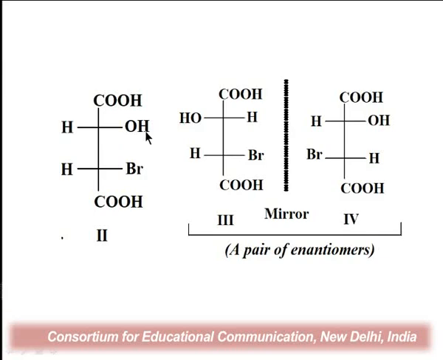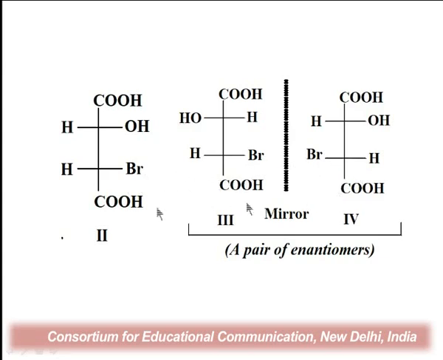If we compare the orientation of its groups in space with molecule 3 or 4, we find again, when we compare 2 with 3 or 2 with 4, it has no mirror image relationship, and these are also not superimposable.